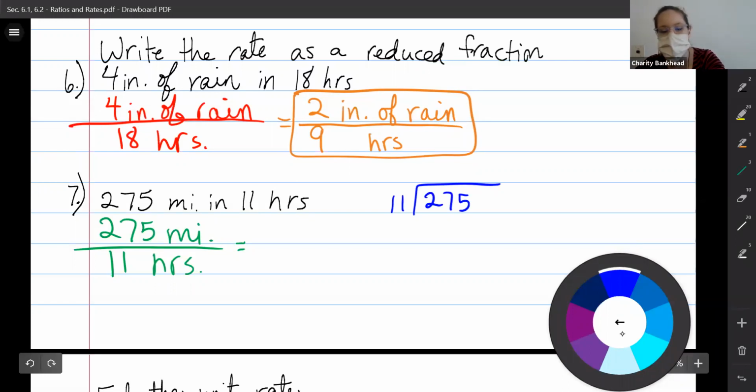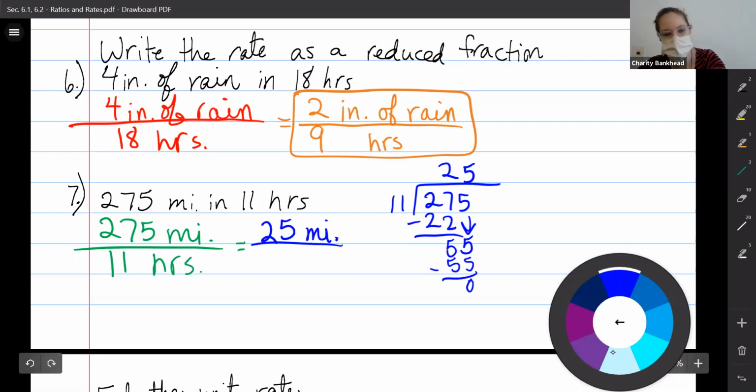Let's see, 11 could go into 27 two times. 2 times 11 is 22, and then 27 minus 22 is 5, and bring down the 5, and 11 goes into 55 5 times. So yes, 11 goes into 275 exactly 25 times. So that reduces to 25 miles, and 11 goes into 11 one time. So that's 25 miles in 1 hour. Or in other words, we might commonly call that 25 miles per hour.